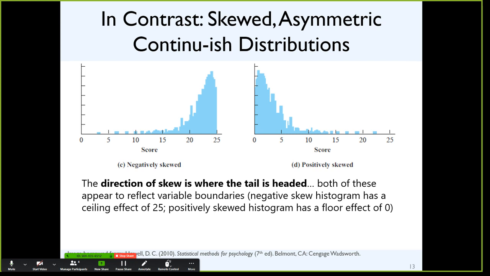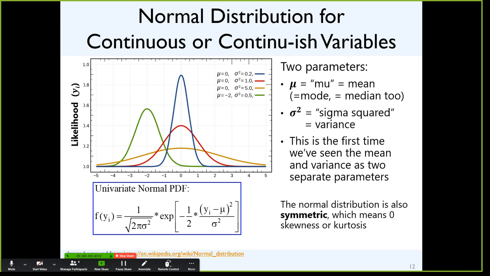Question in the back. So on slide number 12, the tallest one being the most likely, would it be fair to jump ahead and associate the smallest variance with the highest likelihood? Yes. Okay.